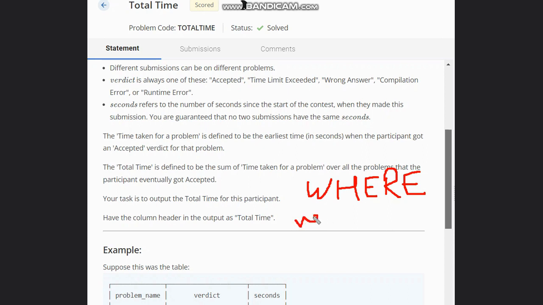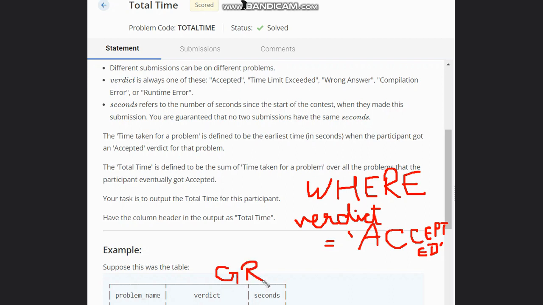So where verdict equal to accepted, and we group it by what?